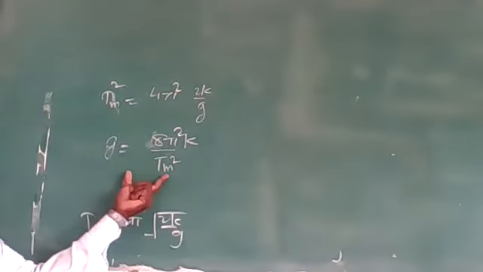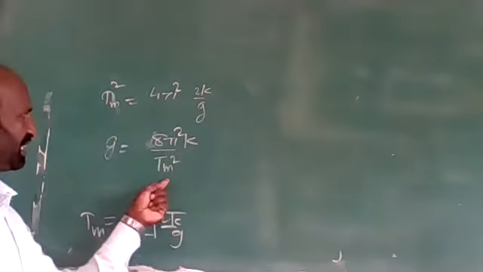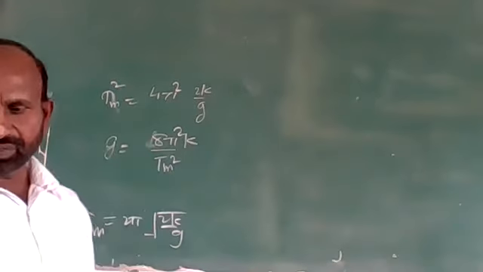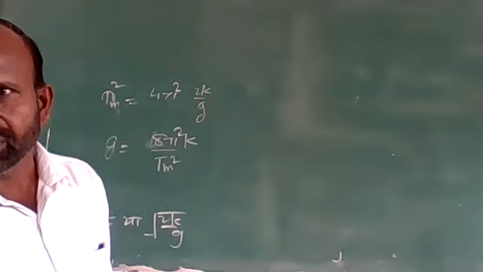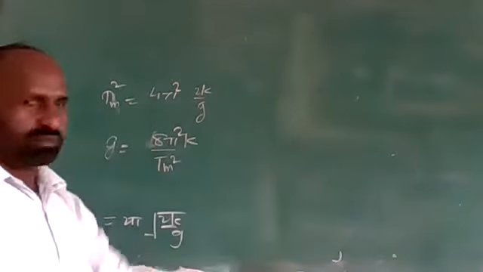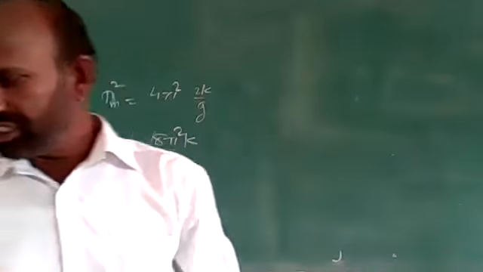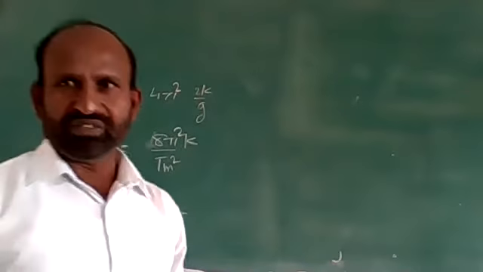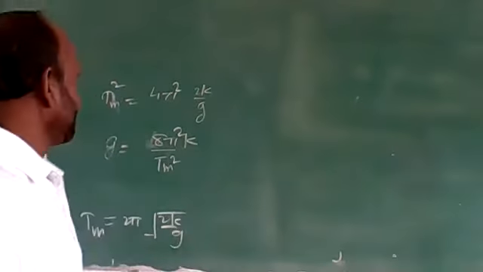By using this equation, putting the value of k and Tm, we can obtain acceleration due to gravity. This means this graph is useful to find the acceleration due to gravity in two ways.